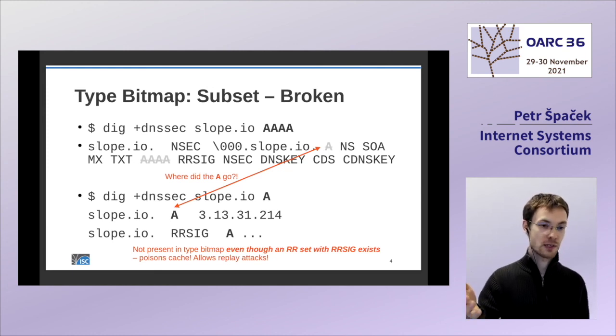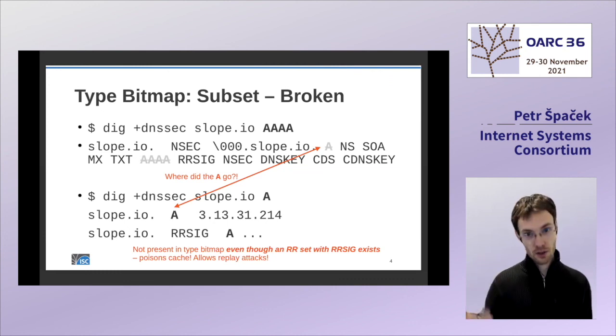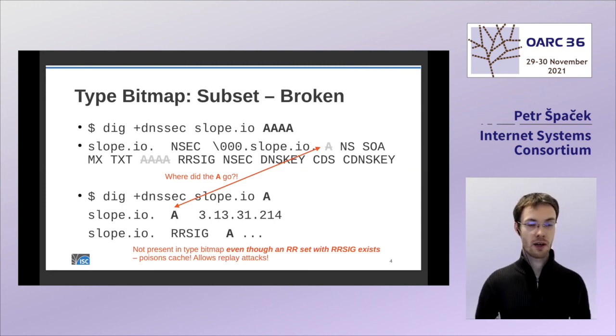That proof of non-existence gets put into the resolver's cache, and then the resolver moves on to resolve the A query. But the data is already in the cache, so the resolver happily synthesizes a no data answer, and obviously the site will be unavailable because I'm pretty sure the domain owner didn't intend to send no data for A.